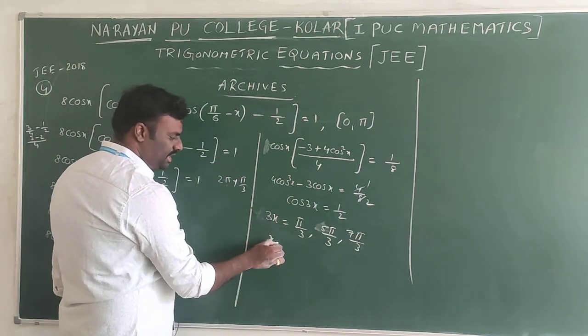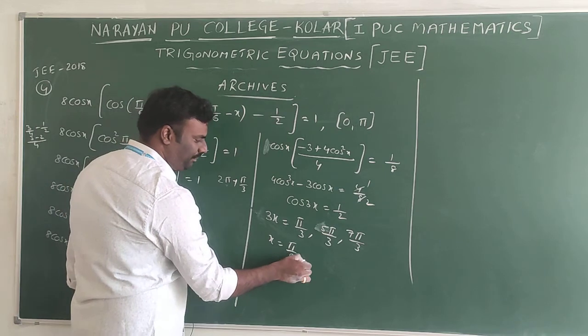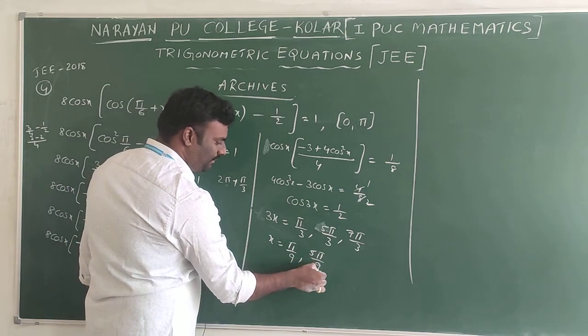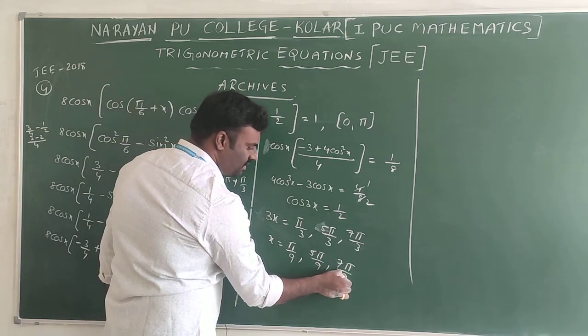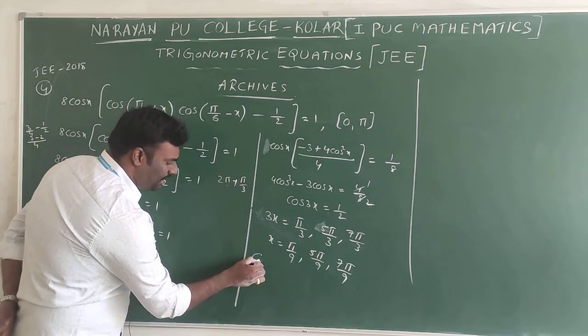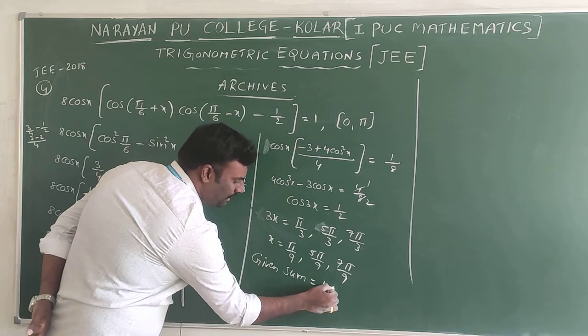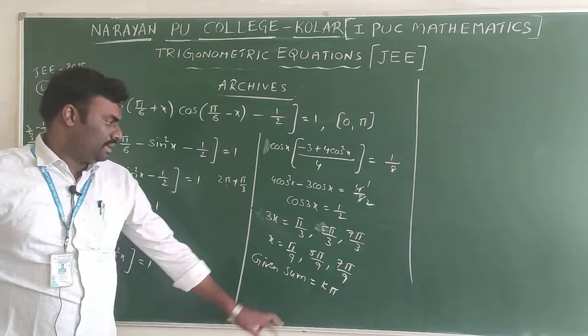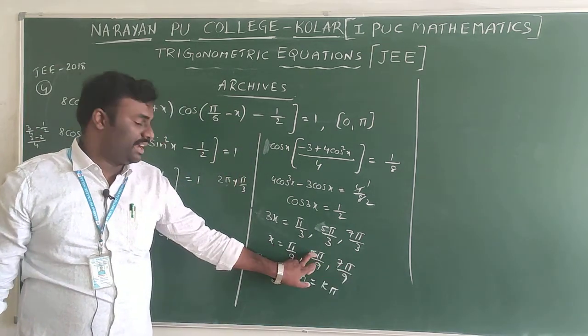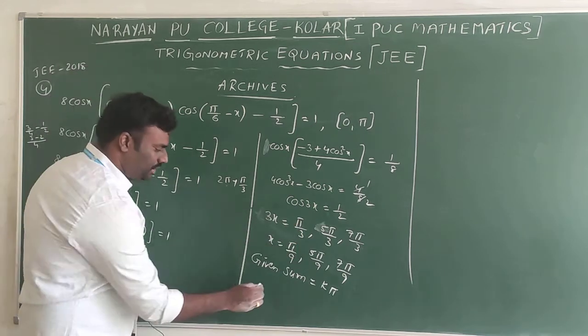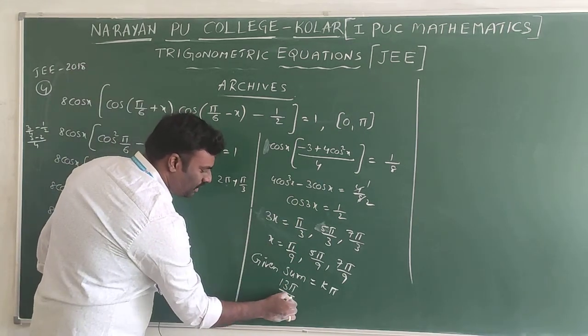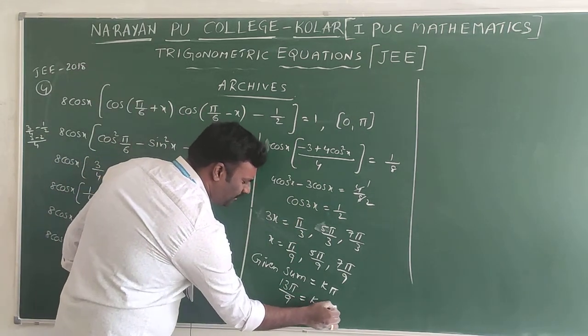Now you send 3 this side, pi by 9, 5 pi by 9, 7 pi by 9. But the given sum of these solutions is k pi. 7 pi, 5 pi, pi, now 13 pi by 9 equals k pi.